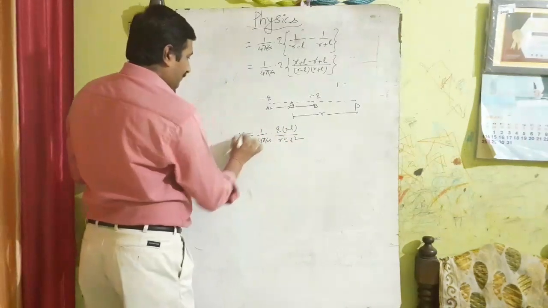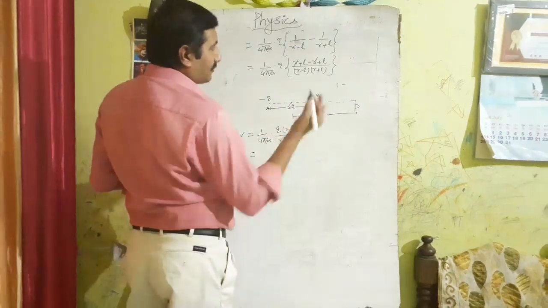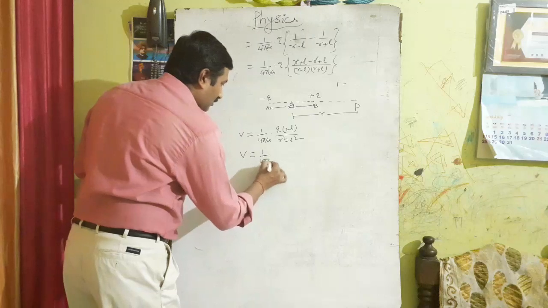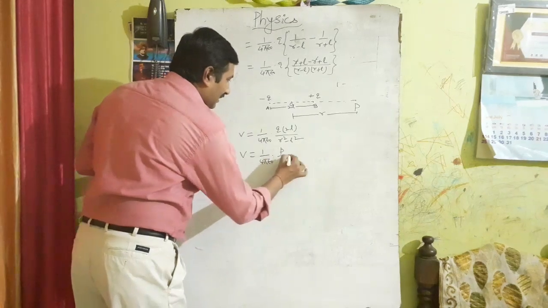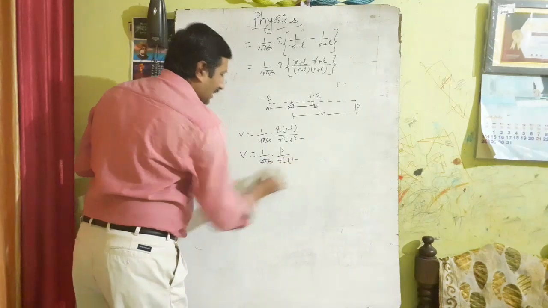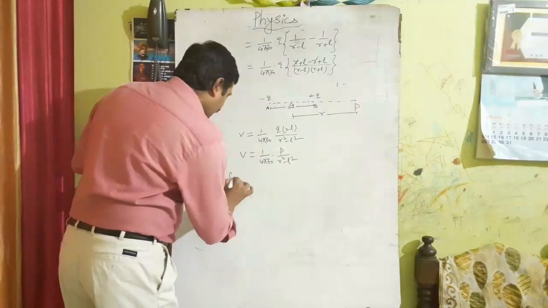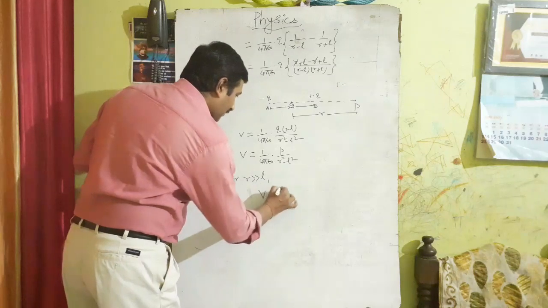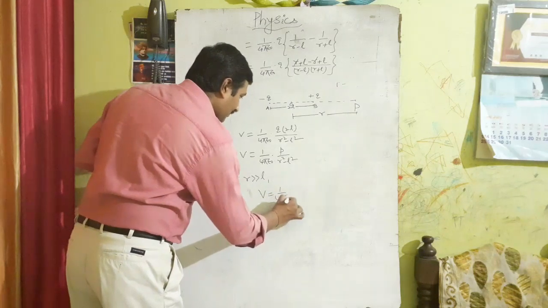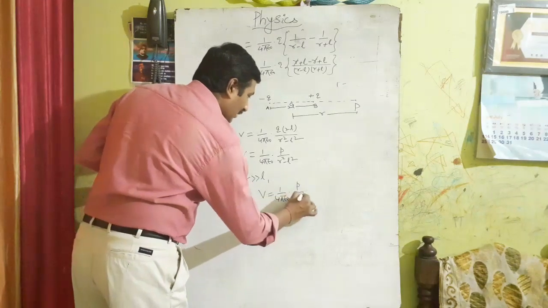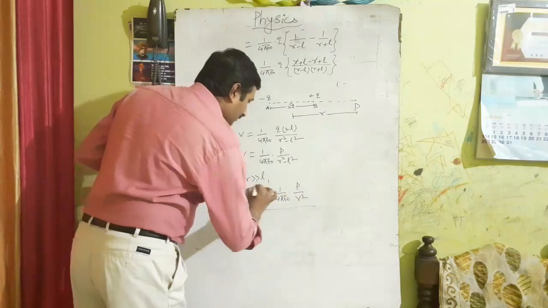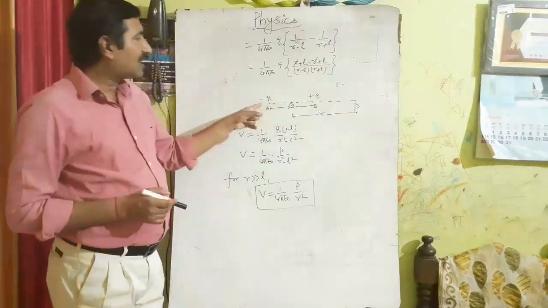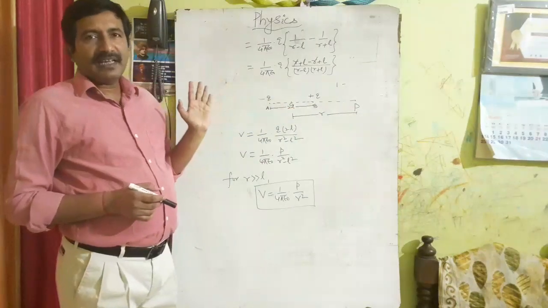This q into 2l is p, the dipole moment. So V is equal to 1 by 4 pi epsilon naught, p by r square minus l square. For r very much greater than l, this V will be 1 by 4 pi epsilon naught, p by r square. So this is the expression for electric potential at a point P due to the given electric dipole.